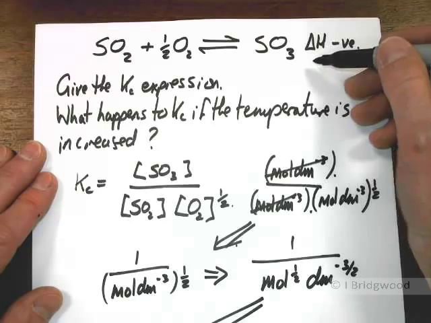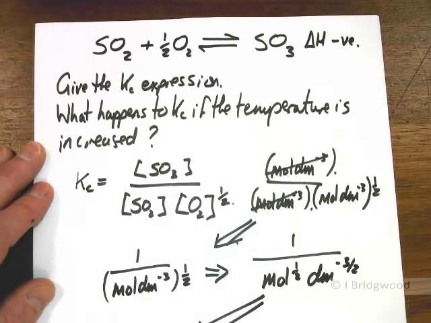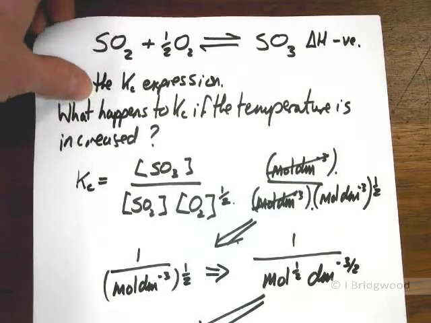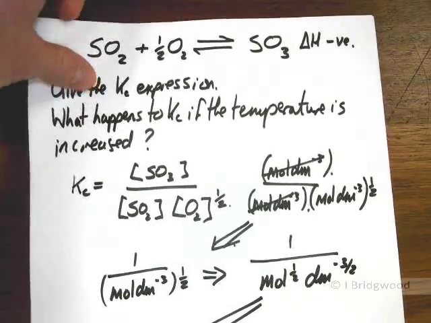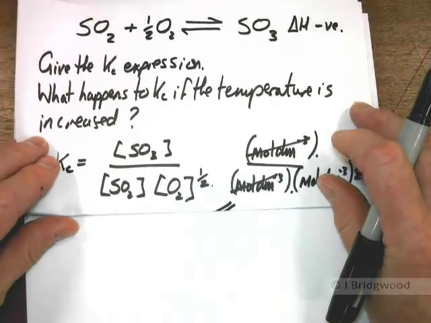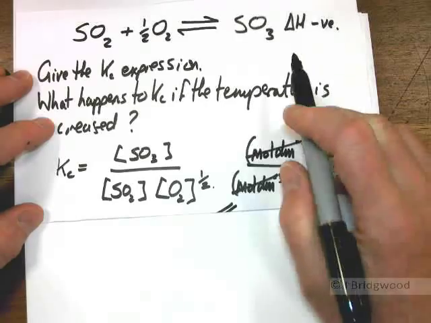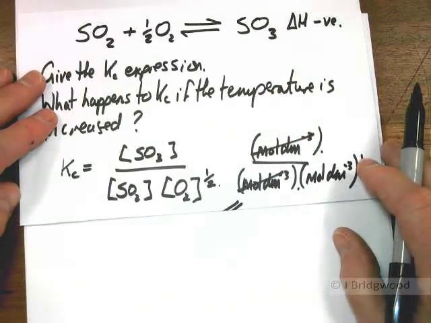Now, second part of this question is what happens to Kc if the temperature is increased? Well, let's just consider that, shall we? So here we have our equation, and if we increase the temperature, Le Chatelier's principle will apply.